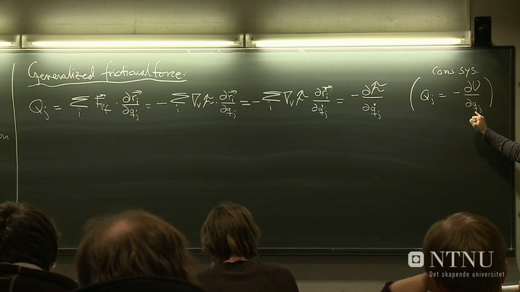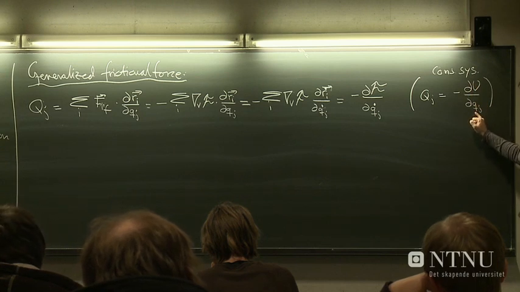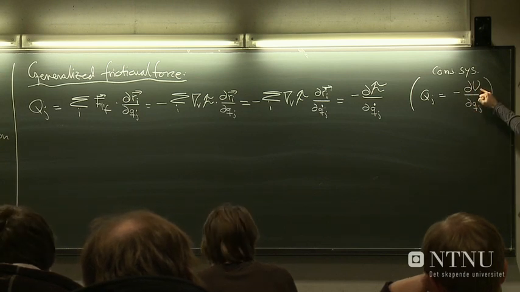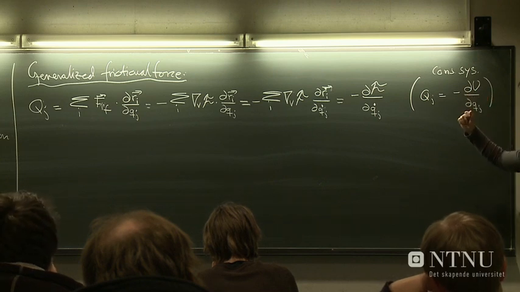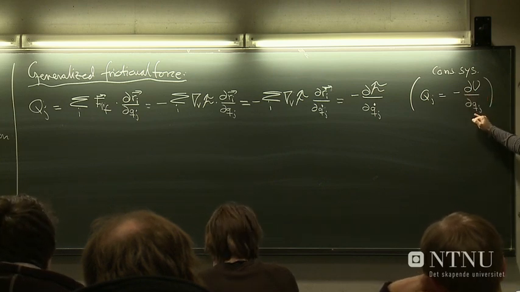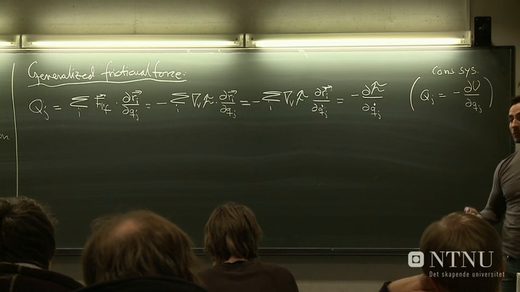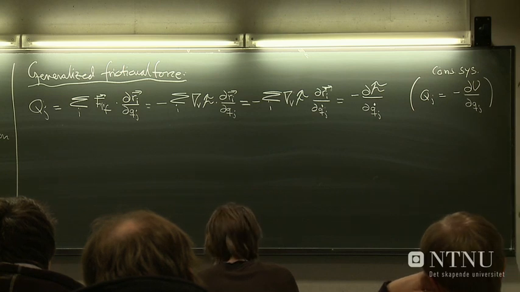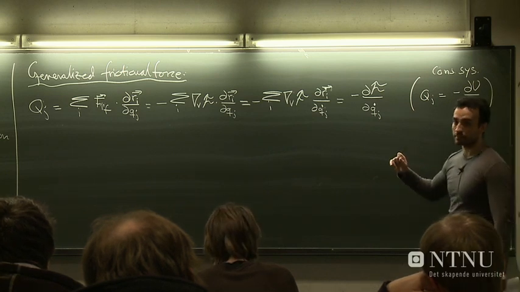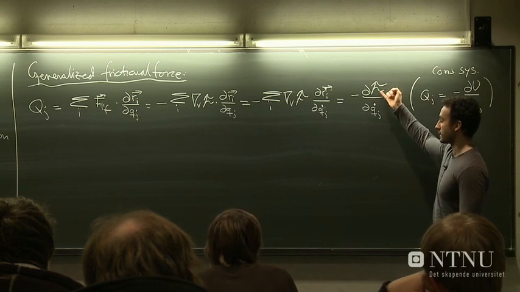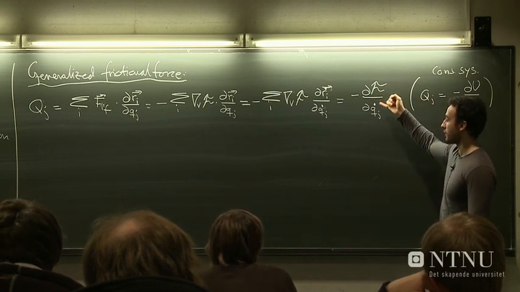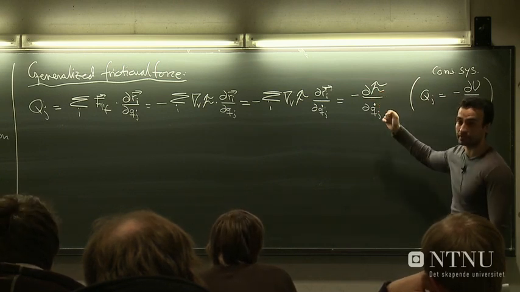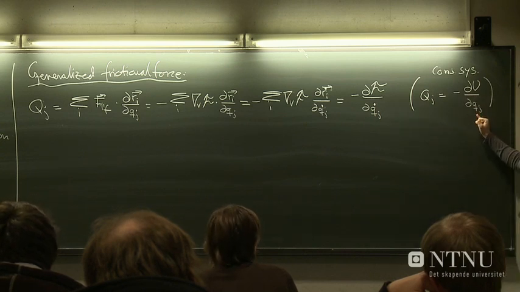It's just a gradient of, or the derivative of some potential U, or V, or whatever you want to call it, with respect to the generalized coordinate q_j. So it's the same thing in principle. You have the generating function here, curly F, and then you have it with respect to velocity instead of position.